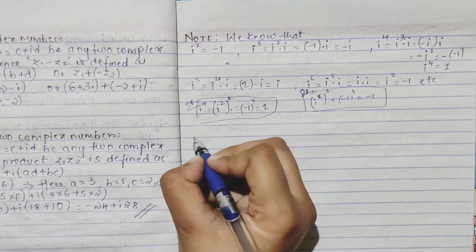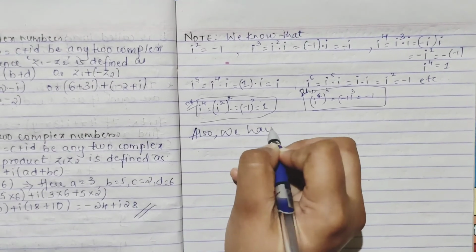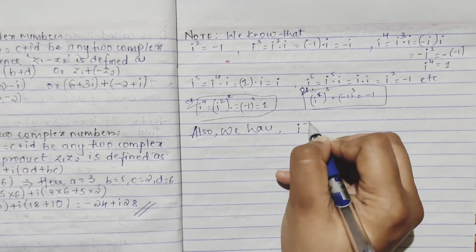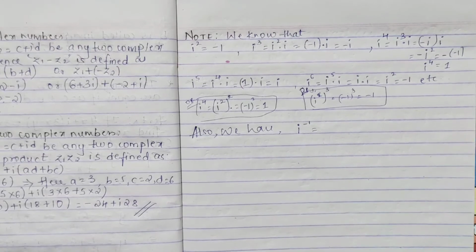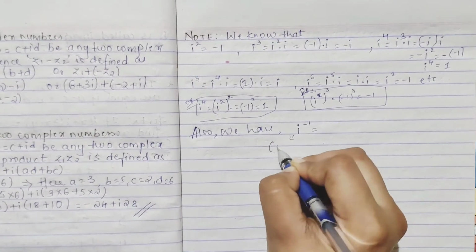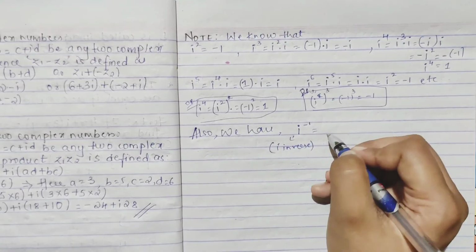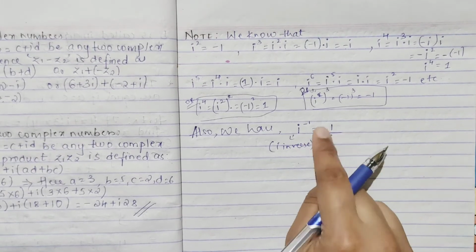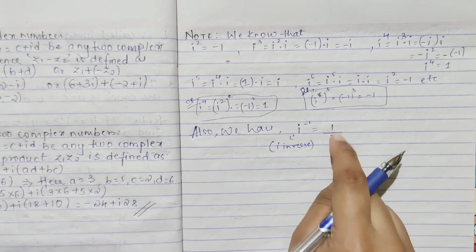In inverse also we have, see, i to the minus 1. I raised to minus 1 means you should read it as i inverse. So i inverse, how do we write? 1 by i, right? If you are writing inverse, this becomes i raised to minus 1, which is 1 by i.